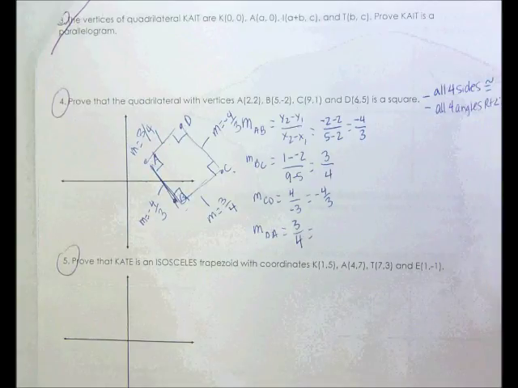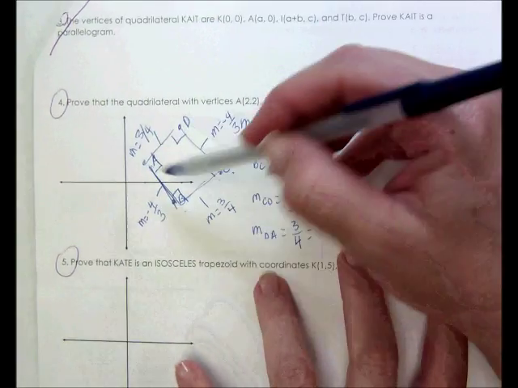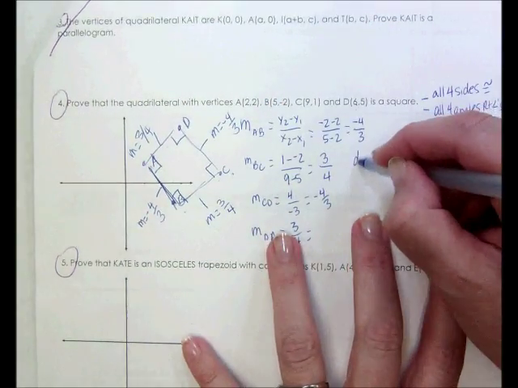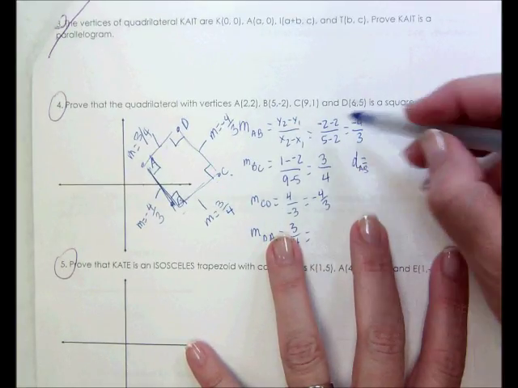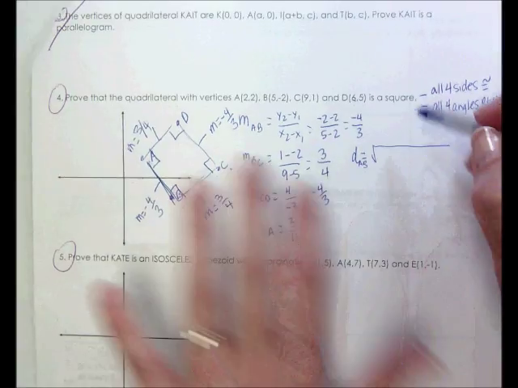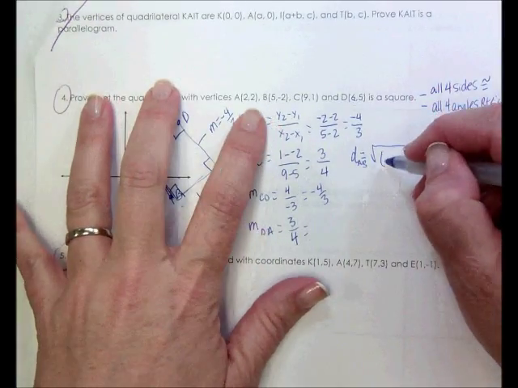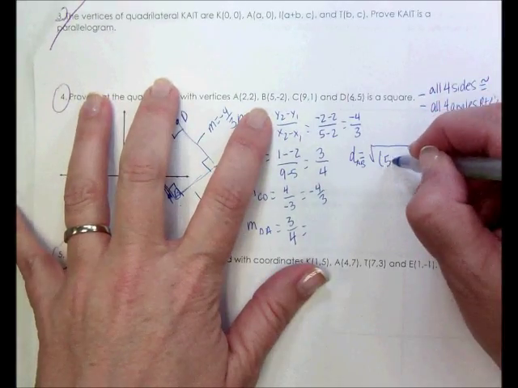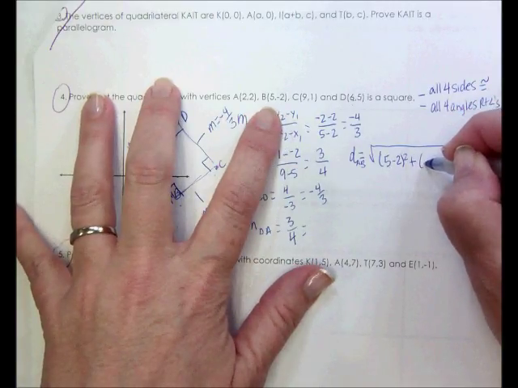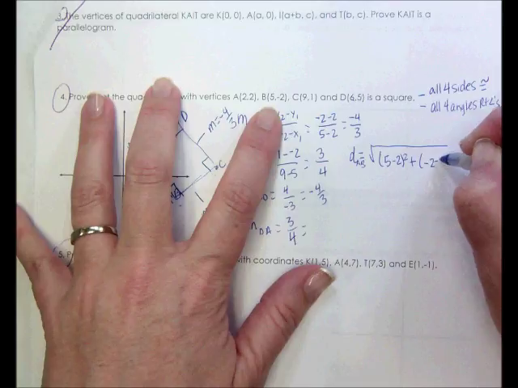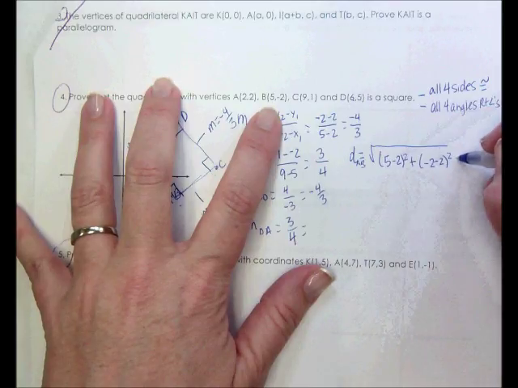And so the next thing I need to prove is that the lengths of all of these sides are congruent to each other. And to prove congruency by length, I have to use the distance formula. And when I do that, I just plug in x2 minus x1 squared plus y2 minus y1 squared, and that's going to equal the square root of 25, which is going to equal 5.